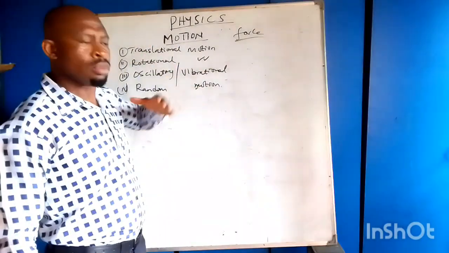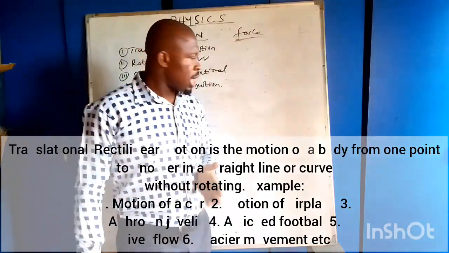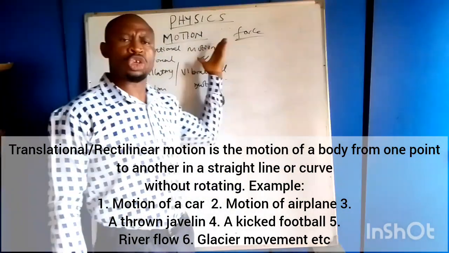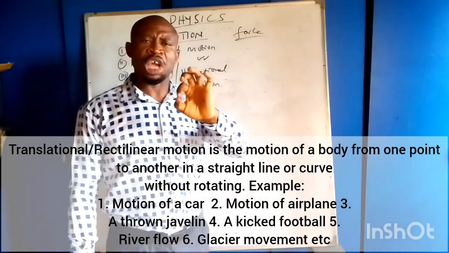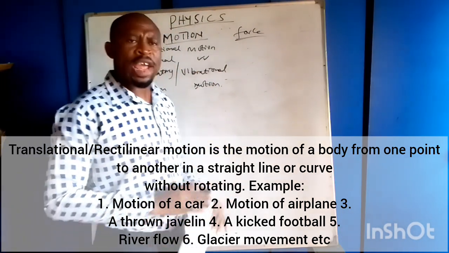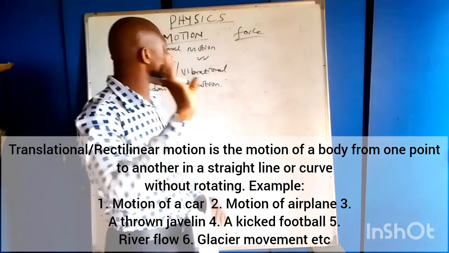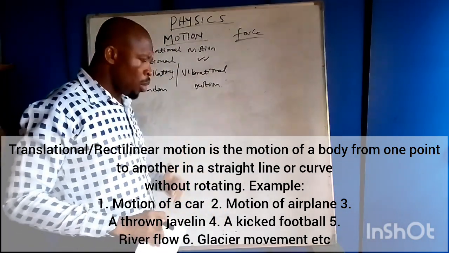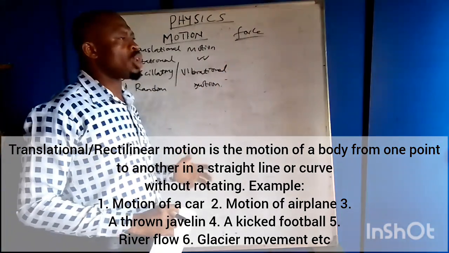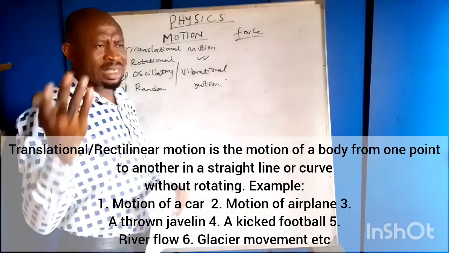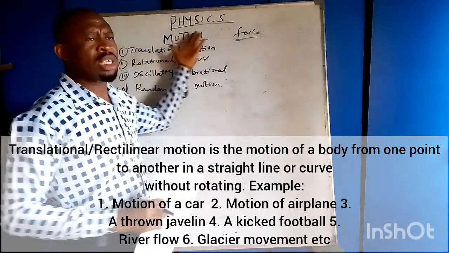Translational motion is a type of motion, or the movement of a body along a straight line with unchanged speed, or along a curve without rotating. When a body moves from one point to another, maybe along a straight line, we have translational motion. There are several examples of translational motion.